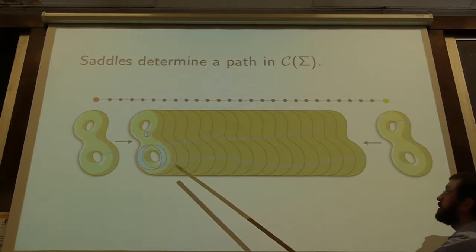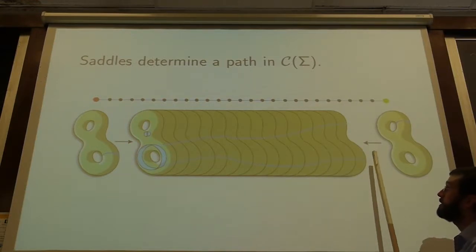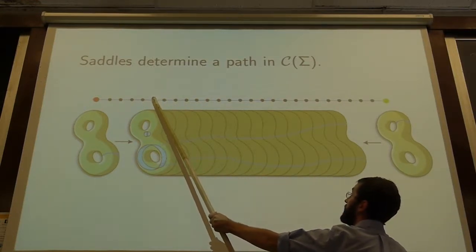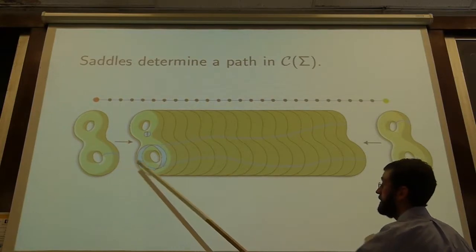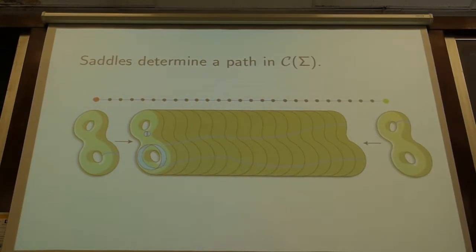Each saddle in the surface corresponds to at most a step in the curve complex, so as you sweep across this surface, you get a path in the curve complex that goes from some disk in this handle body to some disk in this handle body.